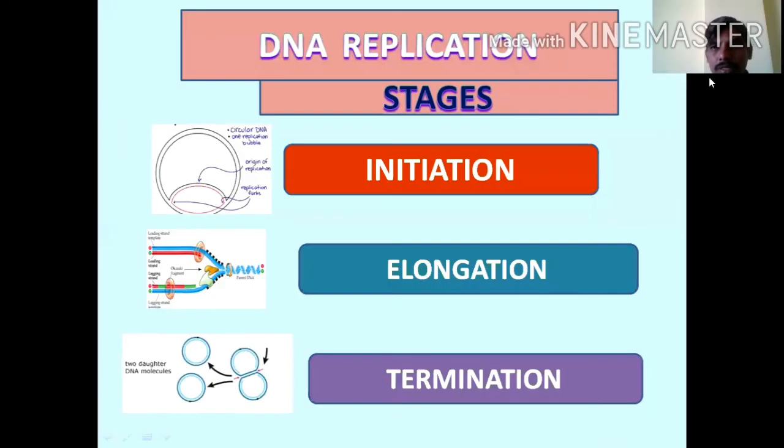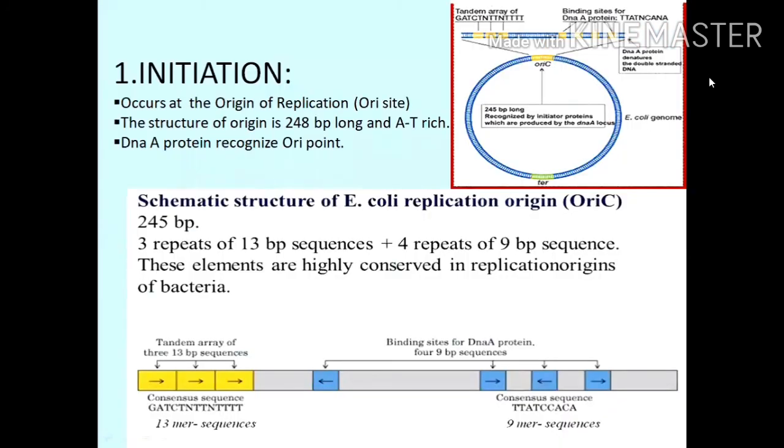Three important stages in DNA replication are initiation, elongation, and termination. So first, initiation. Every genomic material has a particular position or spot that initiates the replication process, in eukaryotes as well as prokaryotes.